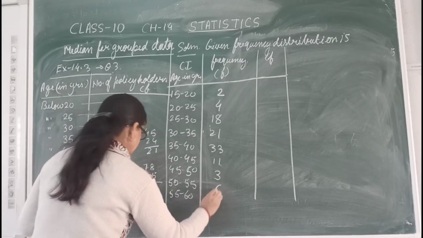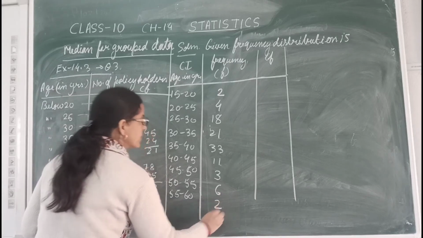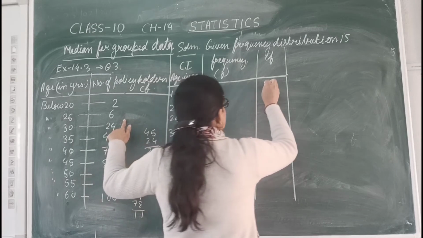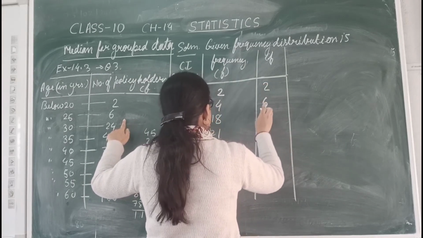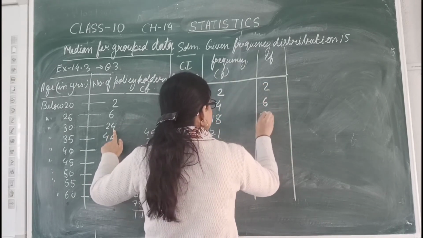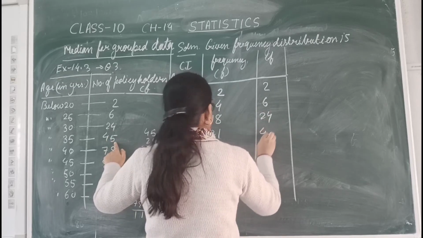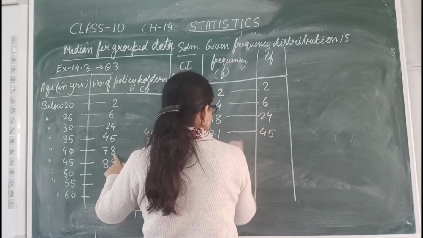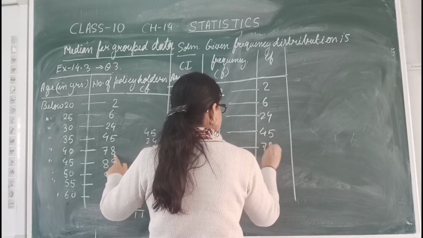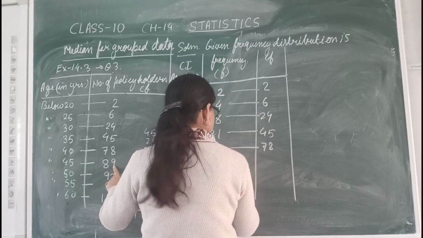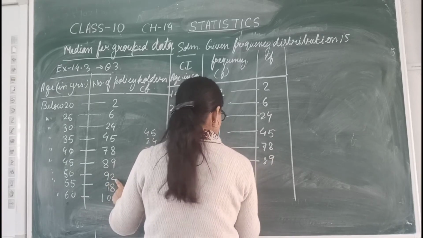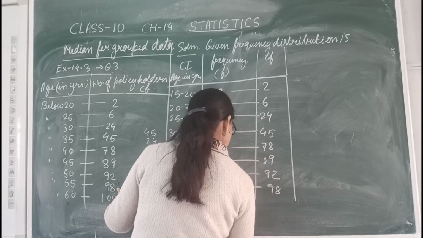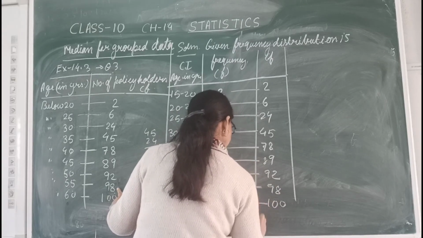Then over here 6 and over here 2. Now when we add it, we will definitely get that much only. Now write the cumulative frequency column: 2, 6, 24, 45, then 78, then 89, then 92, then 98, and then finally it is 100.